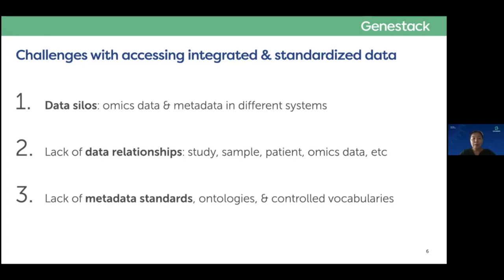Very often, data sits in multiple systems. For example, proteomics data and genomics data live in different databases, while the relationship between different data types is incomplete, and metadata standards are not unified.